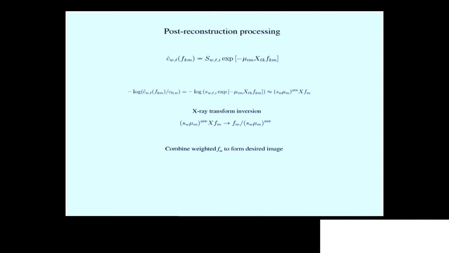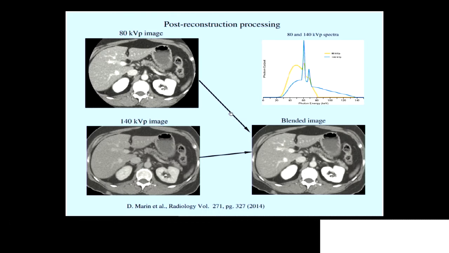images as you like. Here's an example from a clinical scanner. This is reported in this radiology article, where a patient was scanned at two different energies: one of the X-ray sources was at 80 kVp and the other at 140. This is the 80 kVp image, and this is the 140 kVp image. I think this is a contrast scan, right, Webb? Yeah, that's what I thought. So this has contrast agent in it.